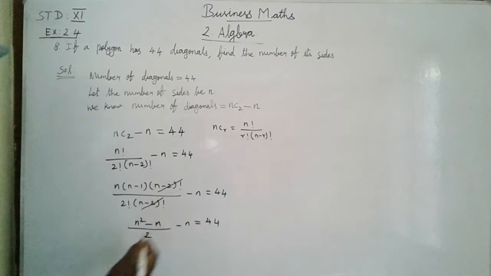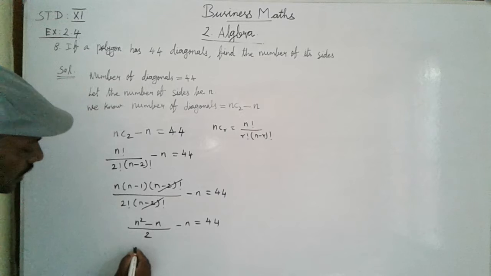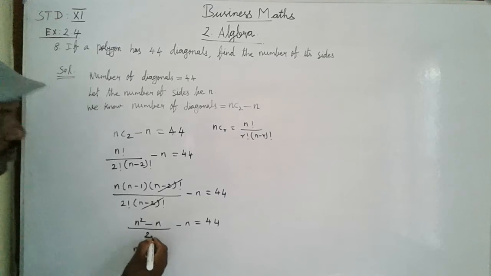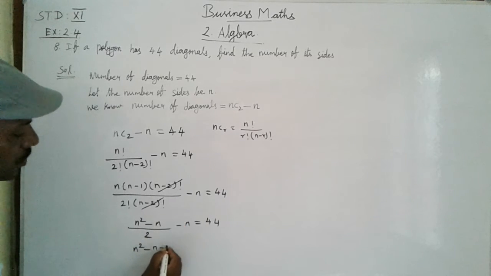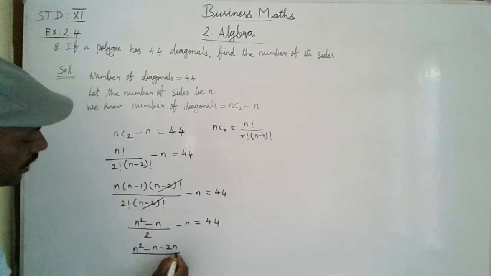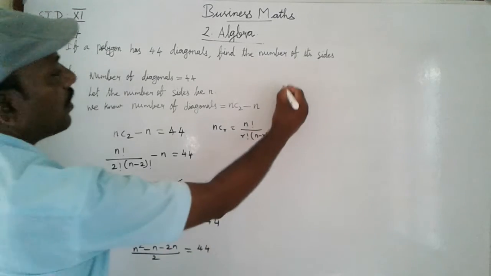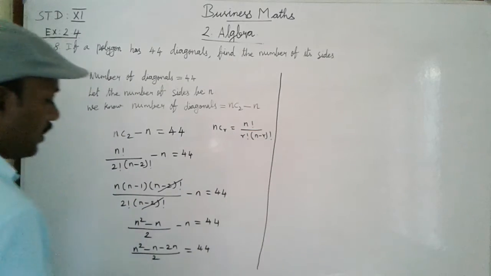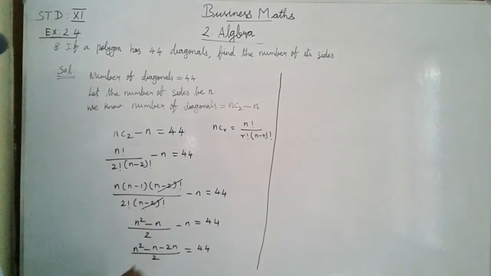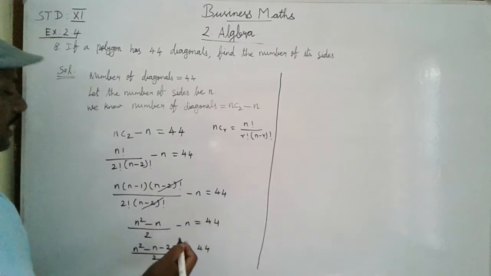Now cross multiply, taking the LCM: n square minus n, minus 2n, divided by 2 equals 44. Next, cross multiply: 44 into 2 is 88.